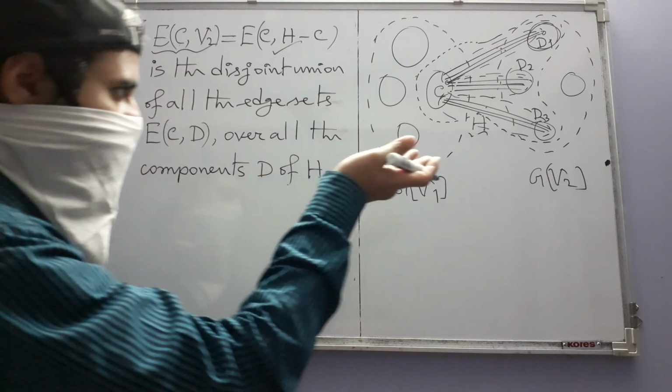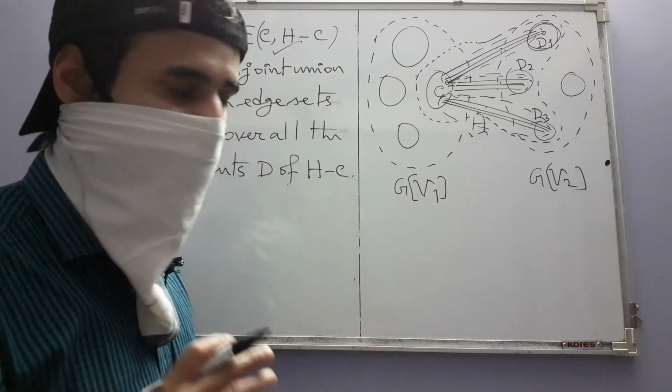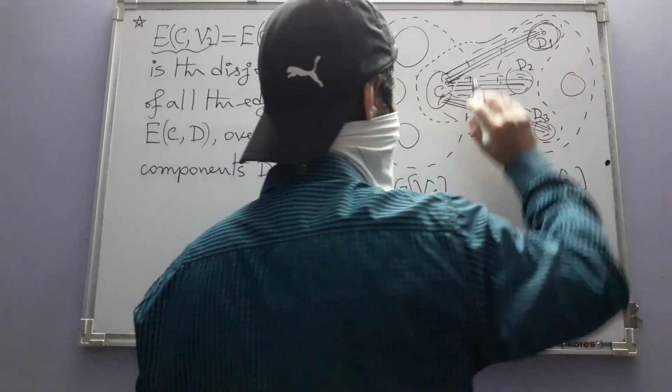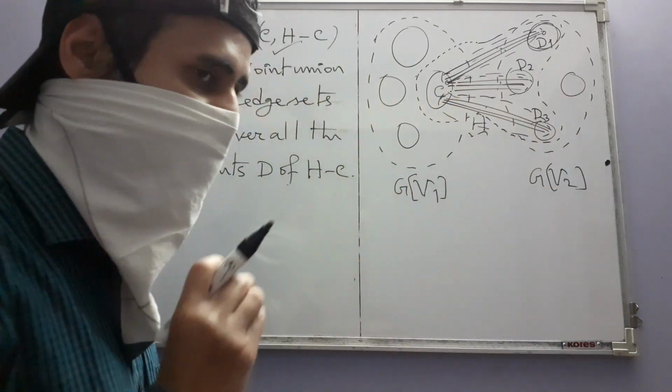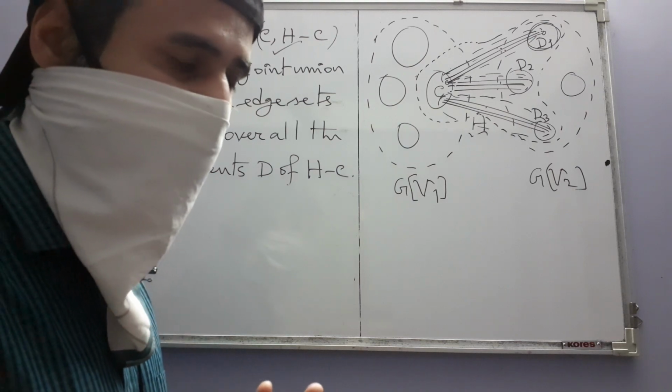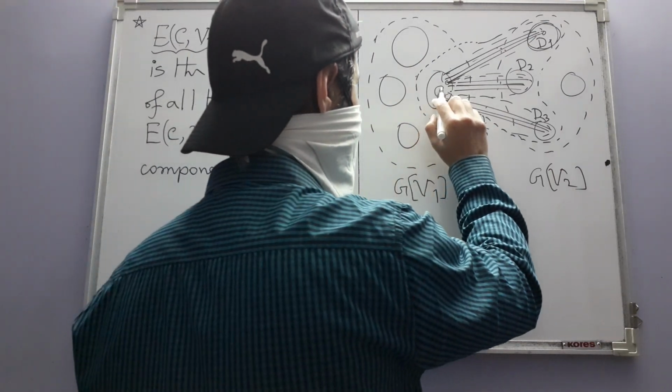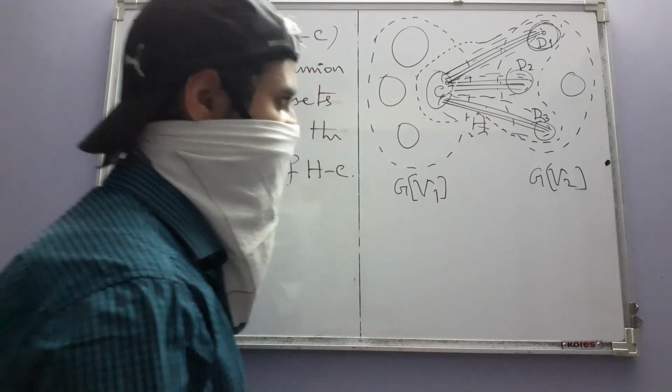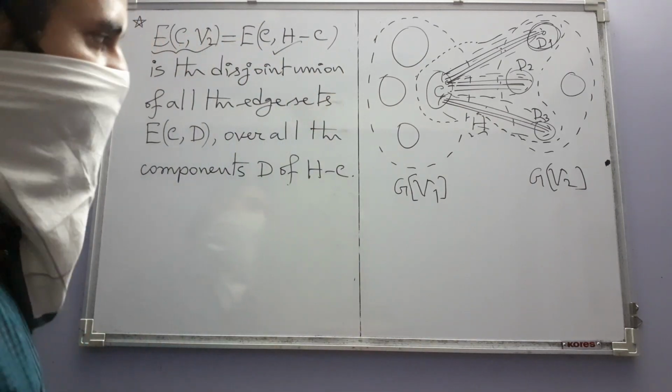But in the beginning of the proof, we have seen that such connections, when considered in chunks, form minimal cuts. That's what we saw, right? That's why we are using this notation C, H and D. You go to the beginning of the proof and you see that.